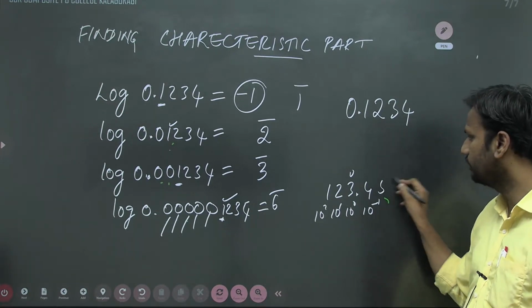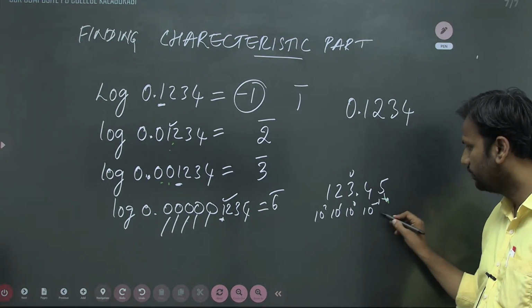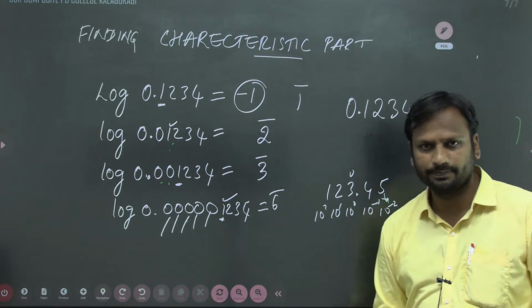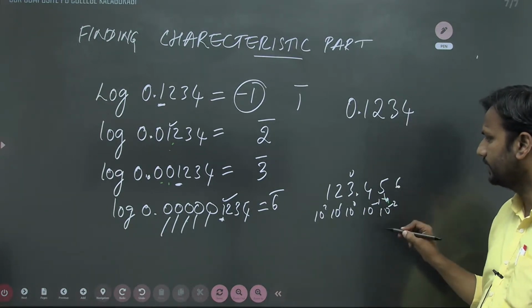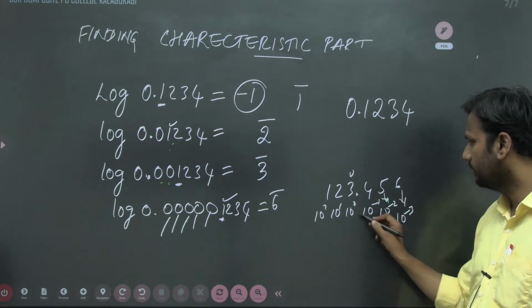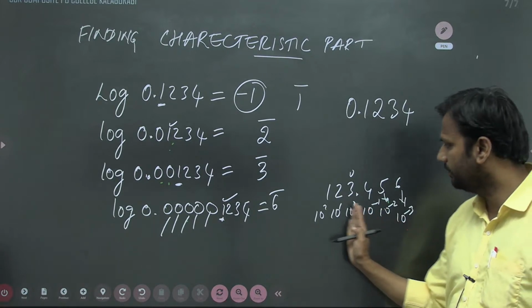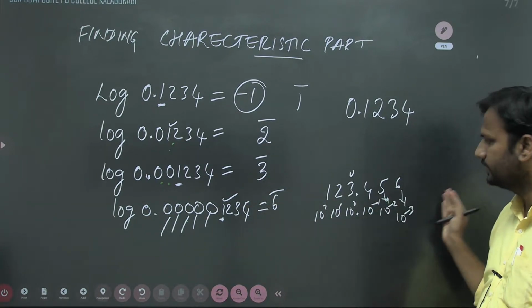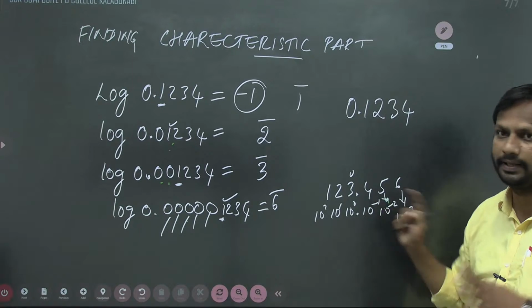If it is like this, 4, 5, this position is 10 to the power minus 2. Yes or no? You have done it in school level. Next, if it is 6, this position will be 10 to the power minus 3 after the decimal point. Before the decimal point these are positive exponents; after it these are the negative exponents, starting from minus 1.